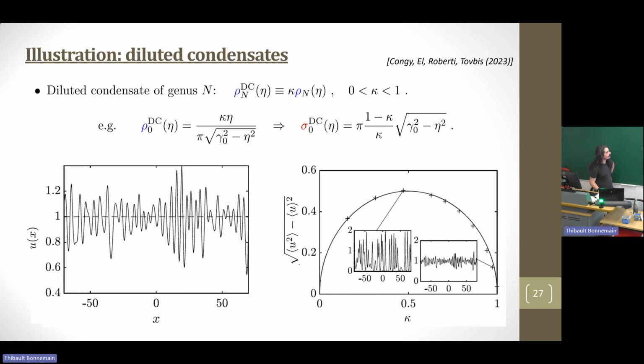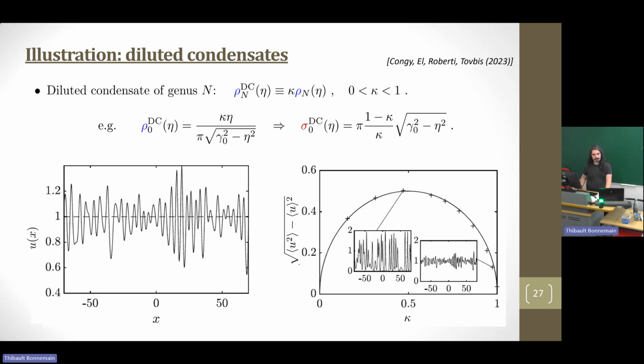And you can ask about the physical relevance of this kind of thing, but I think at least when it comes to the genus 0 diluted condensate, modulated or not, it should be pretty relevant, because what you are dealing with is essentially a long wave with a random perturbation on top of it, which is kind of natural to consider.